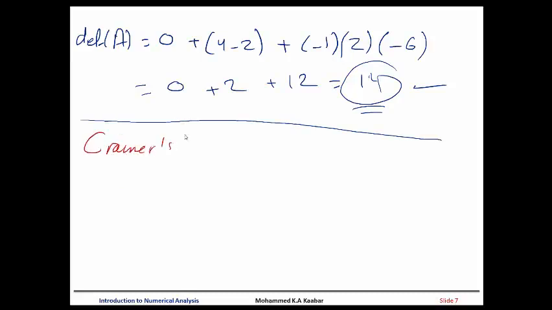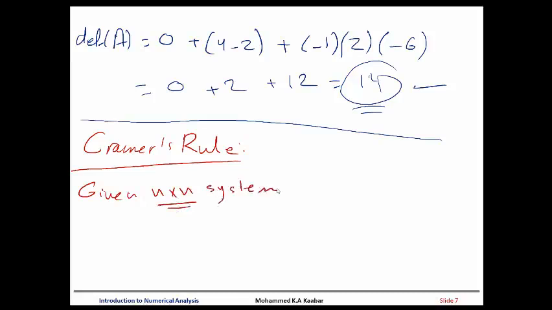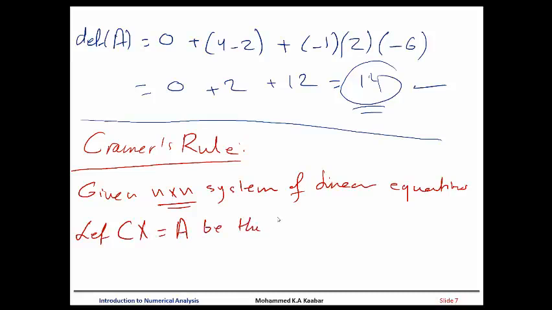Given an n by n square matrix system of linear equations, let Cx equal to A be the matrix form of the given system. I'll explain Cx and A.